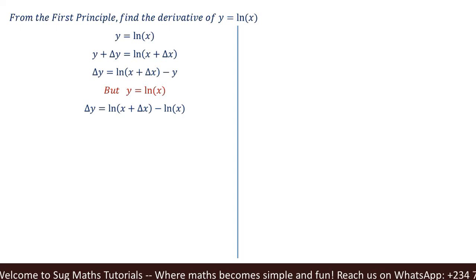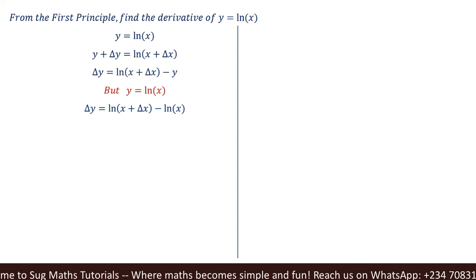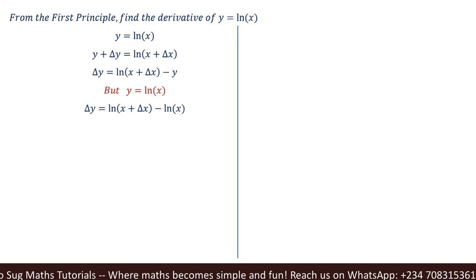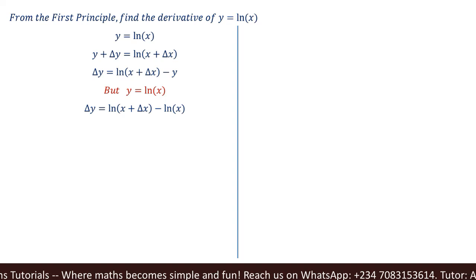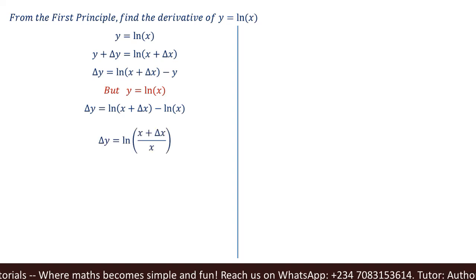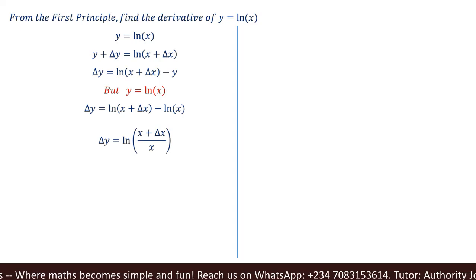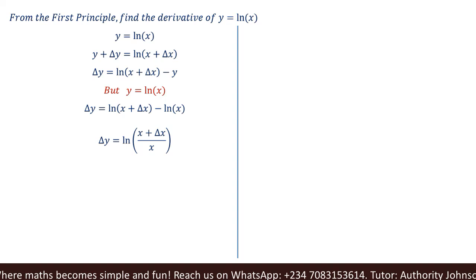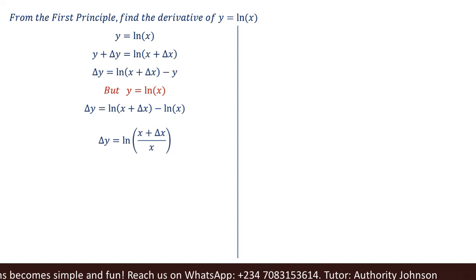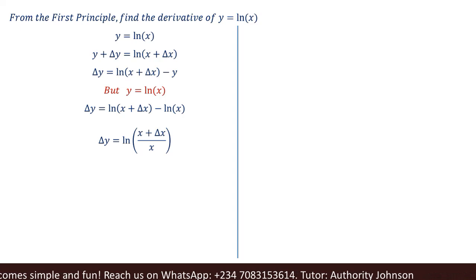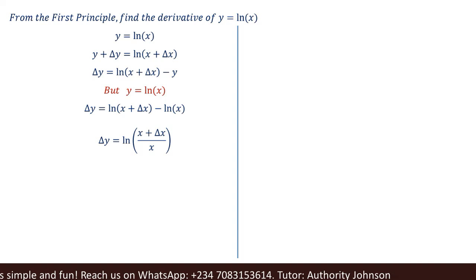So what we do is we pick one ln, then the content of this ln is x plus change in x, divided by the content of the second log, which is x. So here we have change in y is equal to ln of open bracket x plus change in x all over x. So it is the law of logarithm that we applied here, and we have this, right?